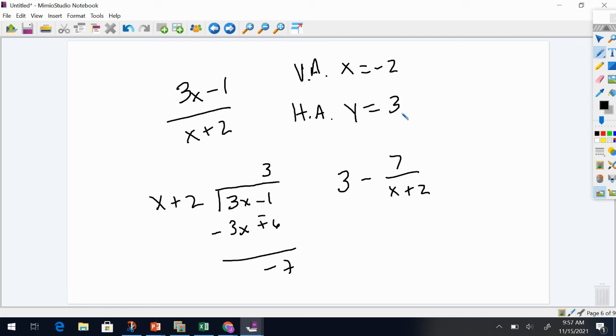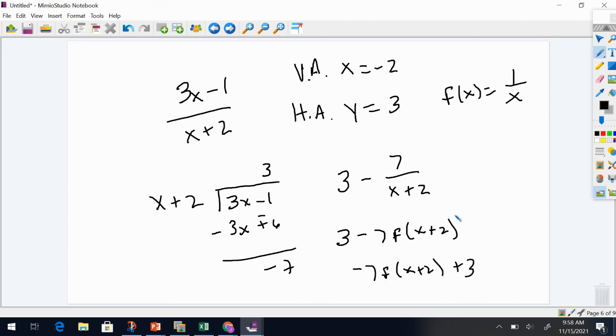Well, what they want you to do is to be able to write this in terms of letting f of x equal 1 over x. So we have 3 minus 7 times f of x plus 2. All I do is take the numerator of the remainder and put it in front of f. Okay. And then you'll see it written like this, negative 7 f of x plus 2 plus 3. They just move the 3 to the other side.